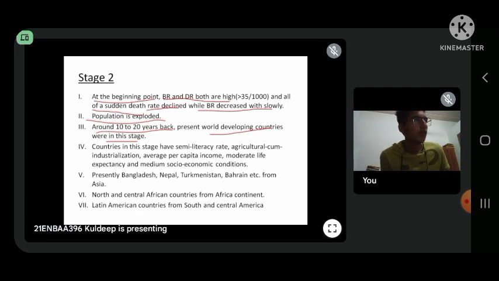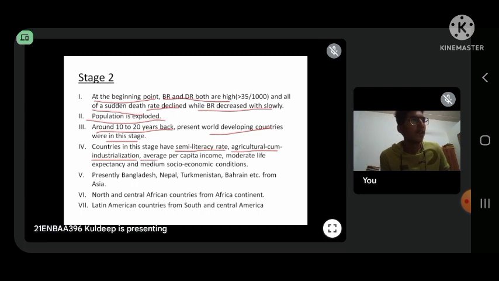In this stage, countries have a semi-literacy rate, which means the literacy rate is moderate, neither too high nor too low. Agriculture is still practiced in a good amount, but industrialization is also taking place.